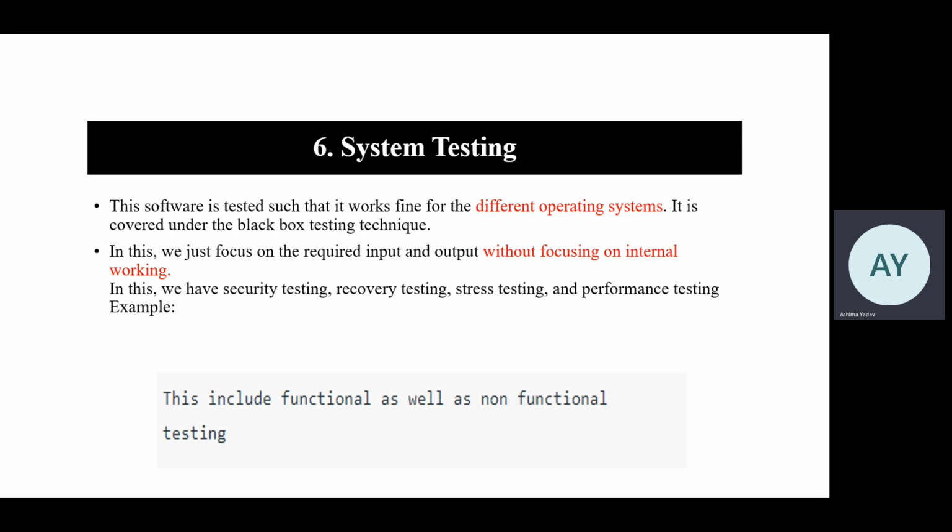Software is nothing but the combination of the functional requirements and the non-functional requirements. Based on those, we design our software, and then we test the software according to those two things, which are defined as functional testing and non-functional testing.